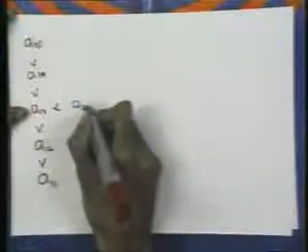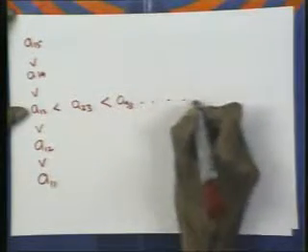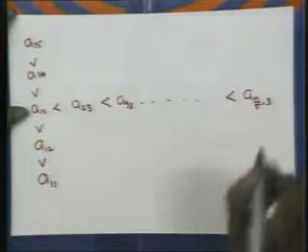The next thing I am going to do is look at these middle elements, the medians of these groups, and write them in sorted order towards the right. So A13 will be the smallest element among these medians. A13 is less than A23, less than A33, and so on, up to A n by 5, 3.